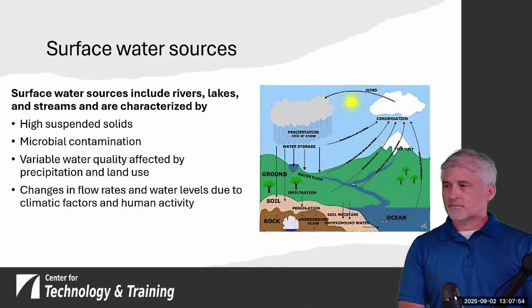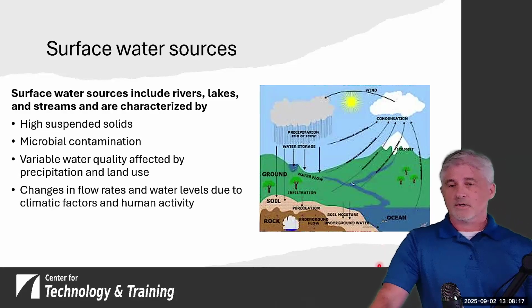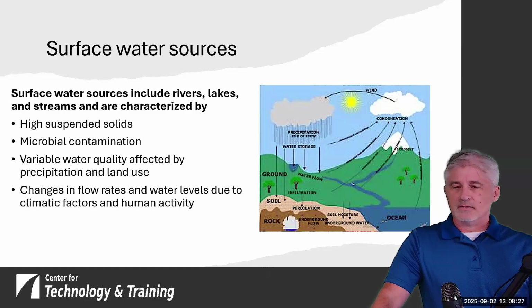We can quite often see major changes in surface water, from relatively clear summer shallow rivers to rivers that are full of sediment and milky and brown in color due to spring rains, or up here in northern Michigan due to snow melt. So surface water sources change quite a bit, and they vary from one to another.